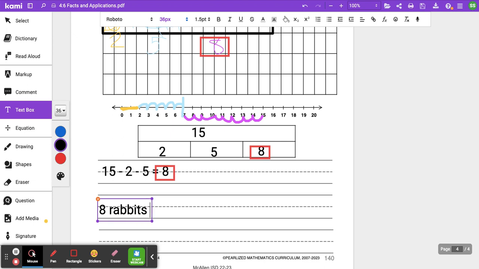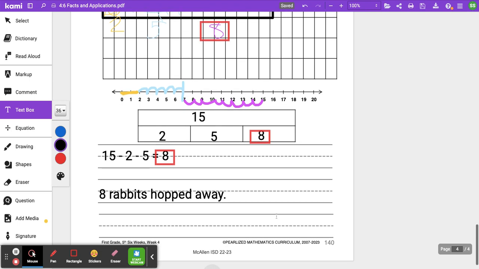No. Were sleeping? No. In all? 8 rabbits in all? No. 8 rabbits hopped away. With a period. 8 rabbits hopped away because 15 minus 2 minus 5 is a difference of 8. And there we have it.